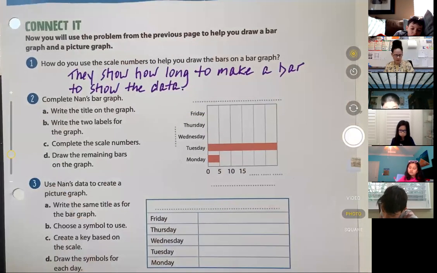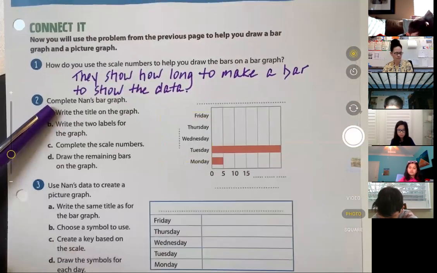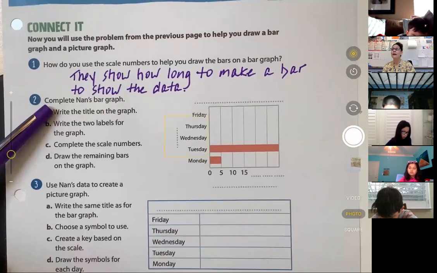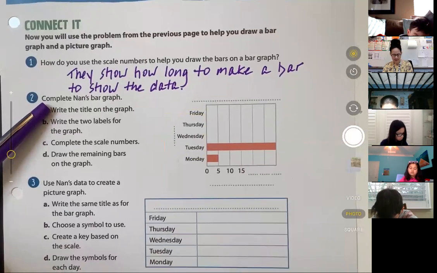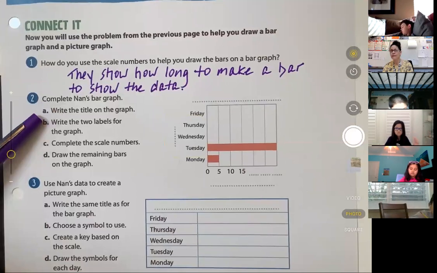Now on question number 2, it is saying to complete Nan's bar graph. So this will be a review from page 431. It says to write the title on the graph.